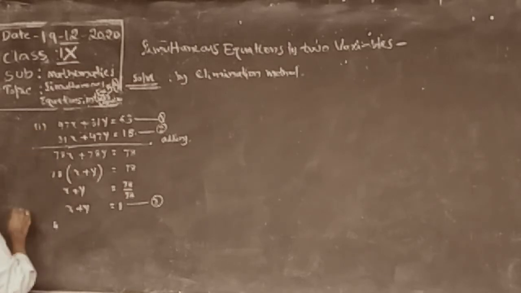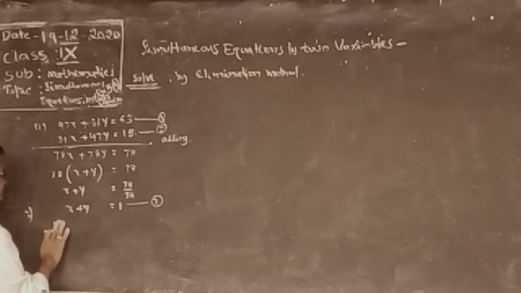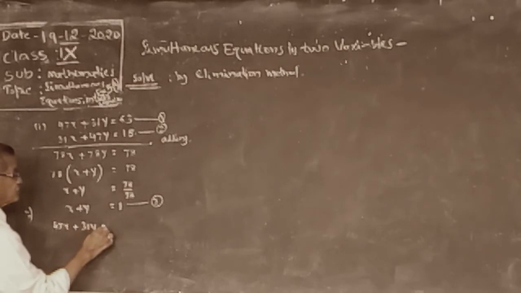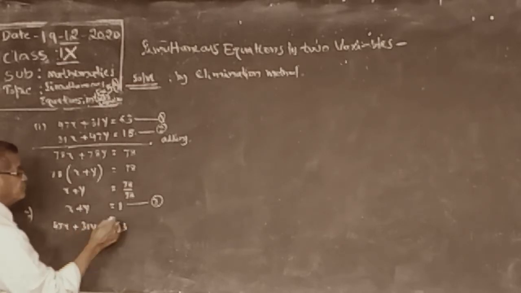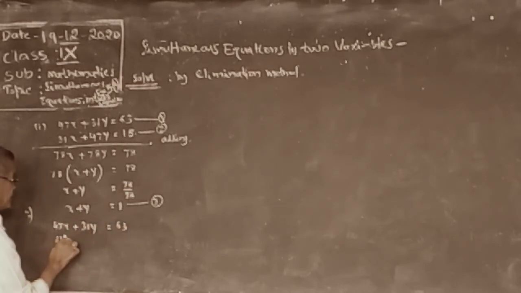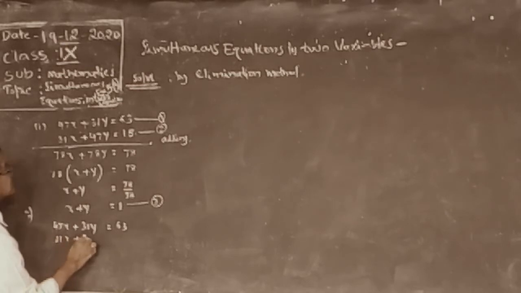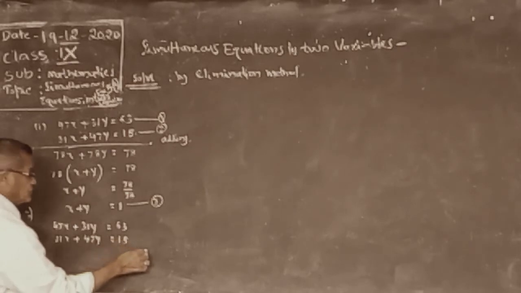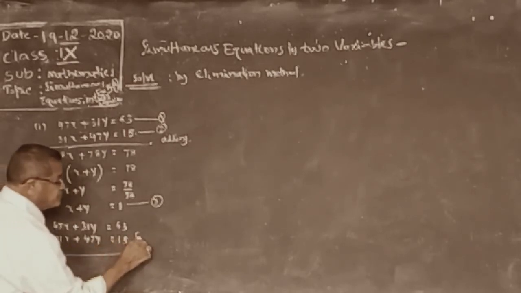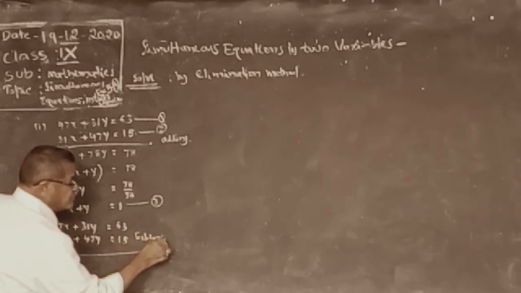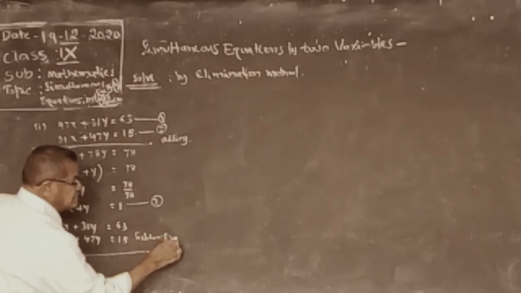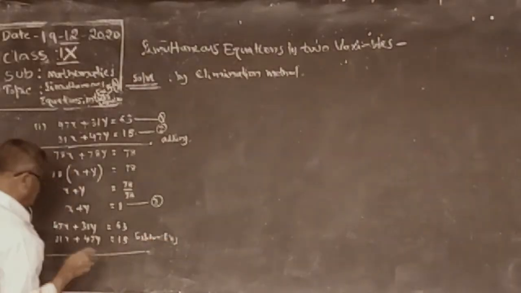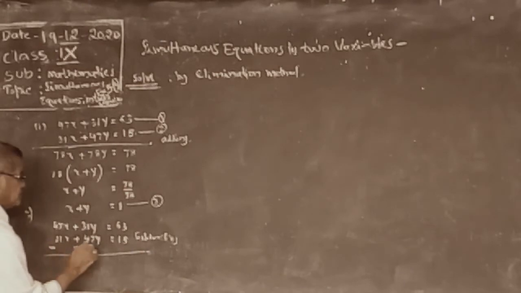First step is adding, second step is subtraction. 47x plus 31y is equal to 63 and 31x plus 47y is equal to 15. Subtracting. In subtraction, change the signs.